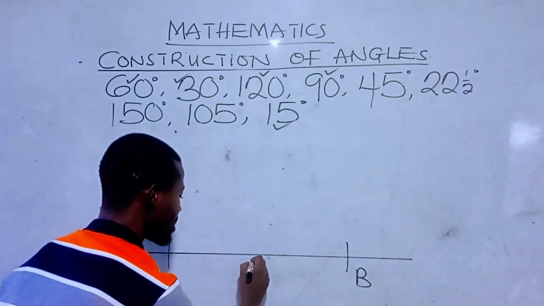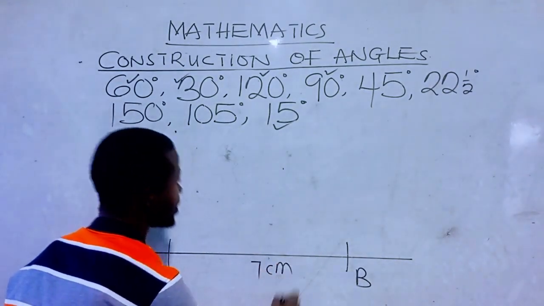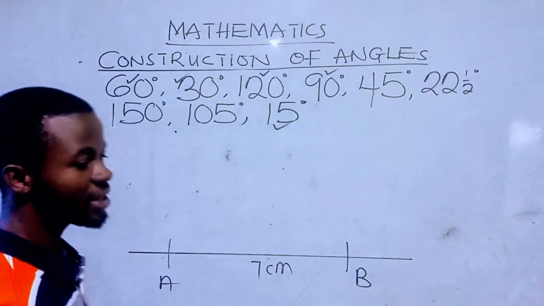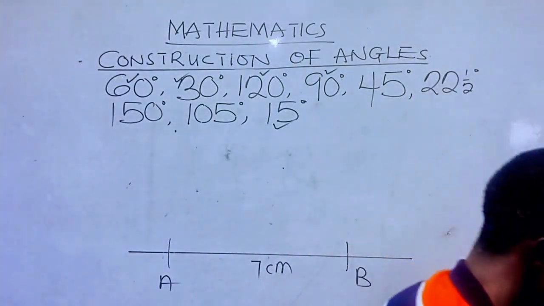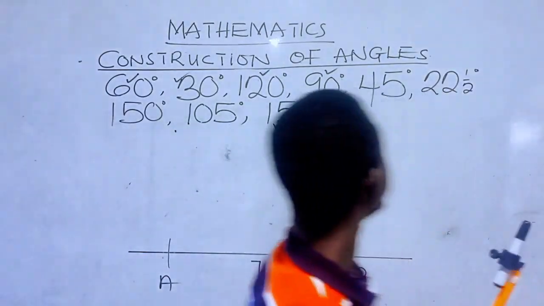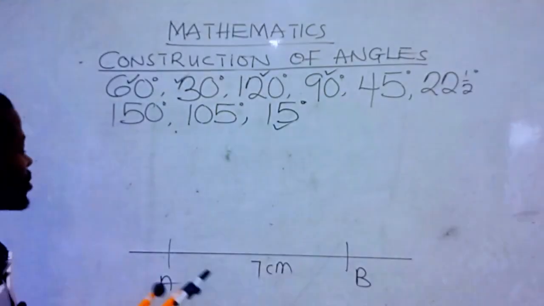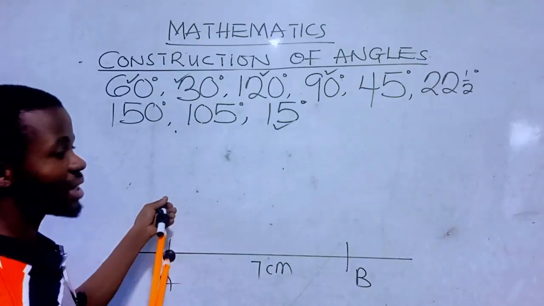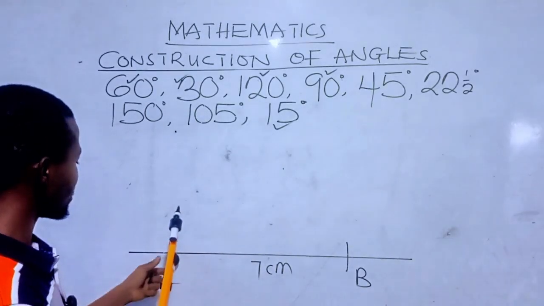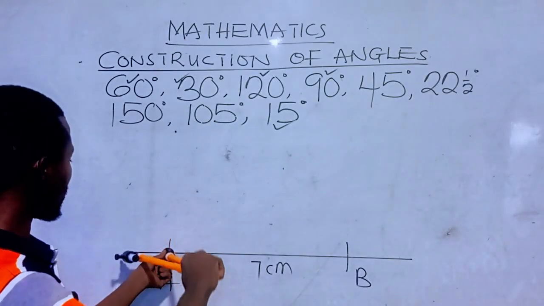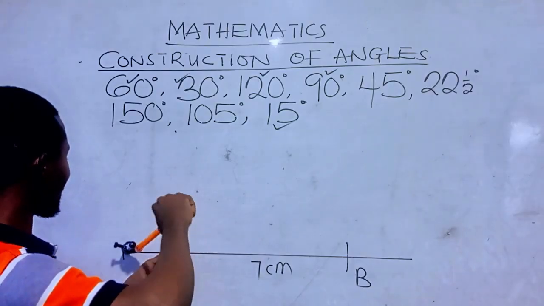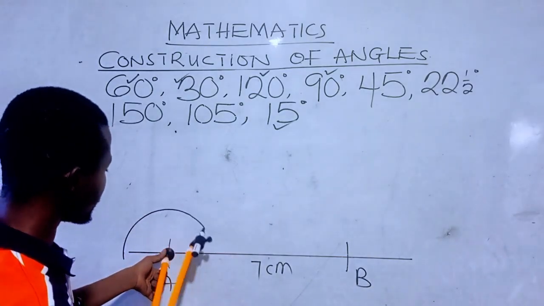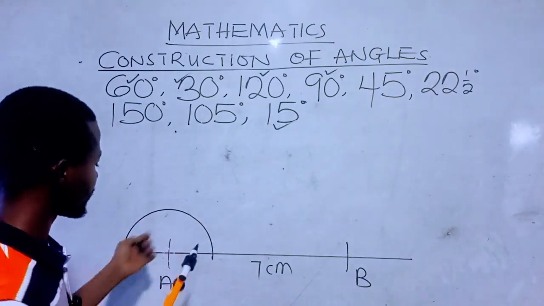Maybe this is 7 centimeters and I want to construct 90 degrees at A. So I will open to a reasonable radius like 2 centimeters. Then I will make an arc, a semicircle like this.